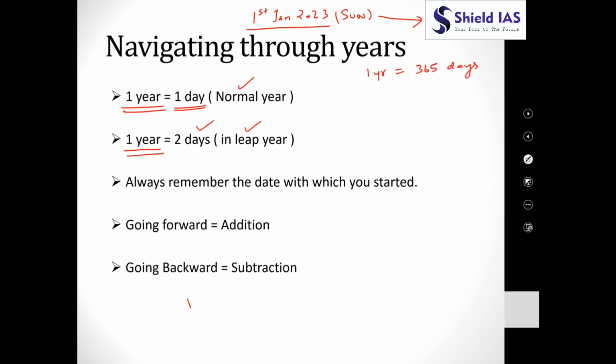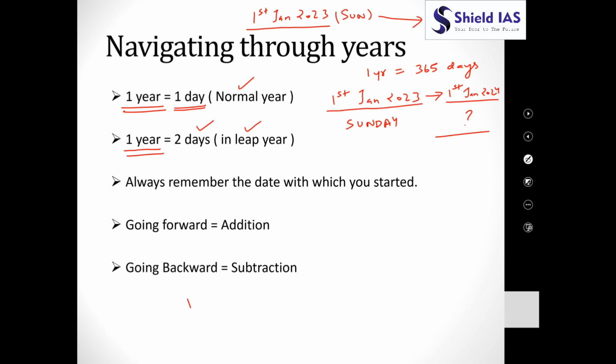So let's say you are on 1st January 2023. What is it? It is Sunday, right? And you have to go to 1st January 2024. And if I ask what will be the day on the New Year's Eve of next year, right?